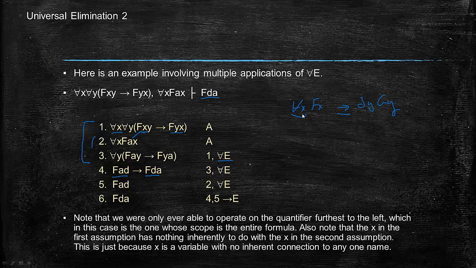So in this case, you would not be able to do anything to for all x, fx, because it's not the main operator. If it had been written differently, if it had been written like this, for all x, if fx, then there exists a y, gy, then you could operate on this, okay? But you would get a very different formula as a result.